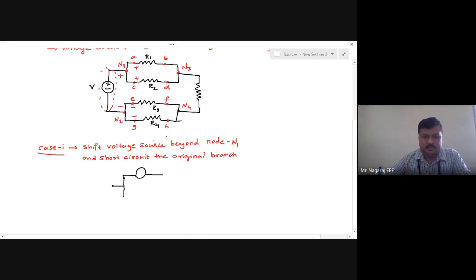Shift the voltage source beyond node N1 in all the branches connected. That is very important. Okay, so there are two branches connected to node N1. I have to shift this voltage source in both the branches.